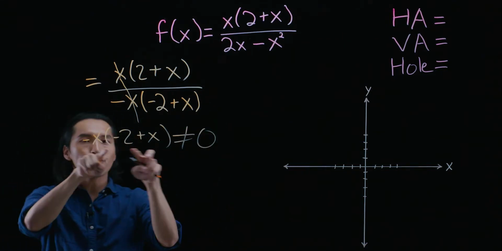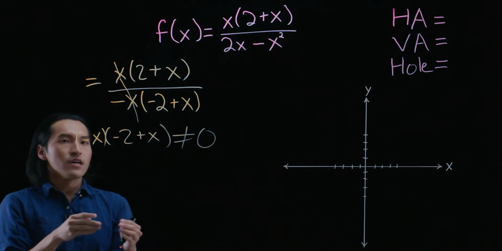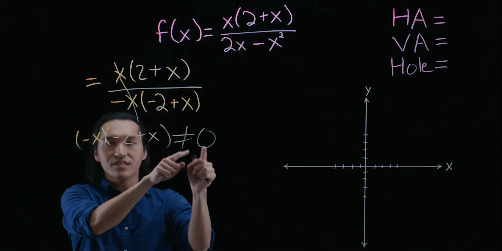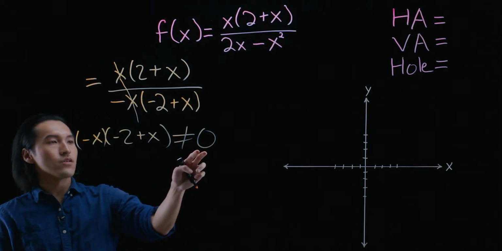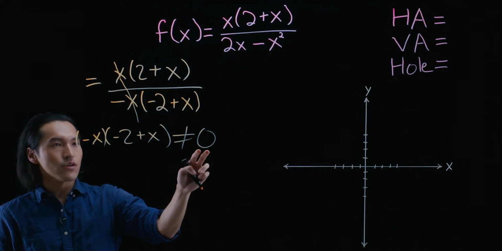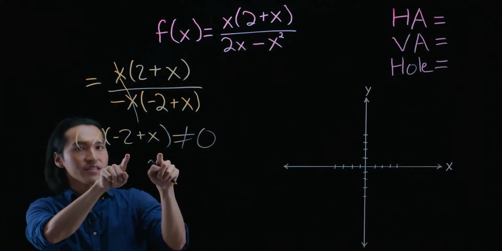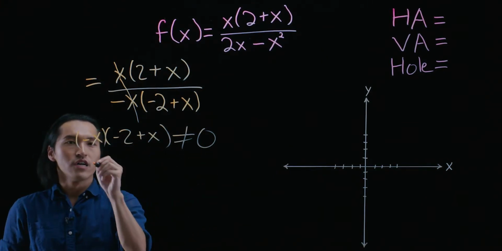And since there are two factors here, we can break them apart. If this times this can't be 0, then neither one of them can be 0, because anything times 0 is 0. That means both of these can't be equal to 0.